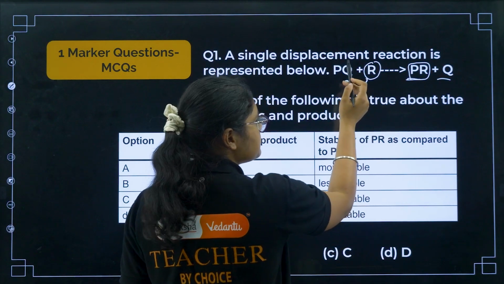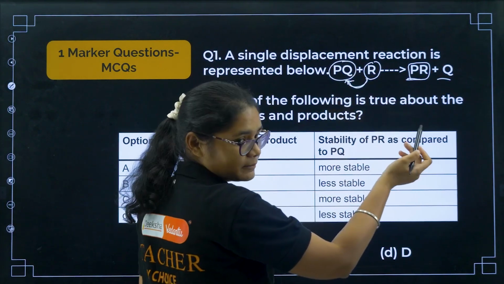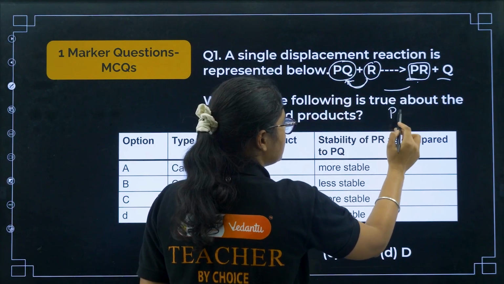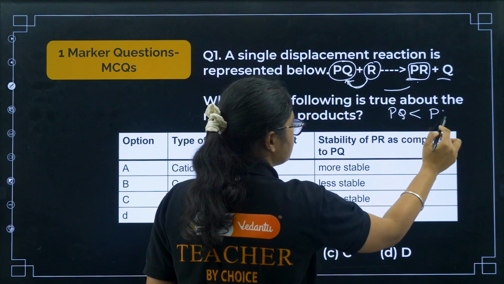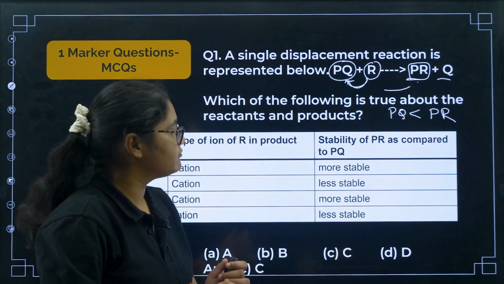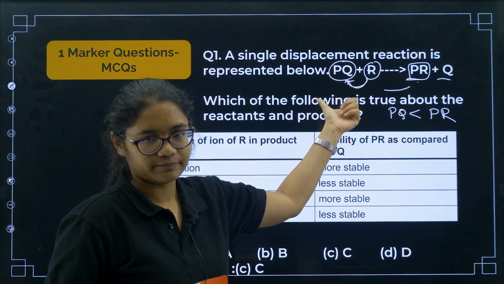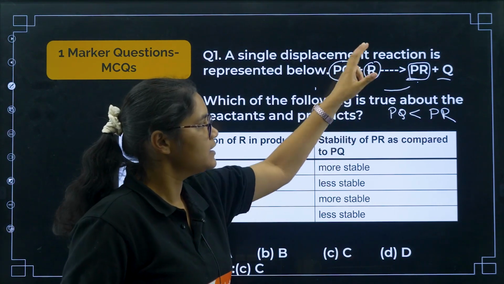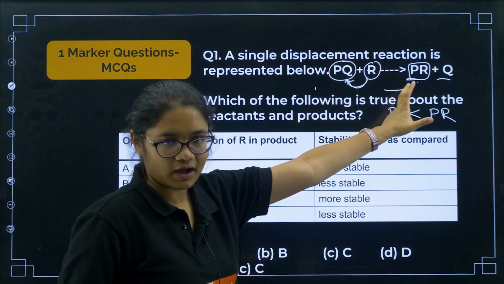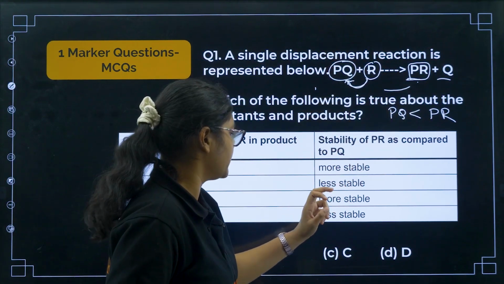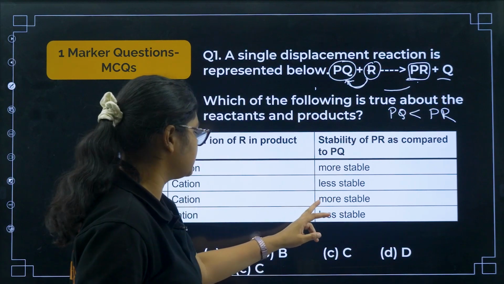Because PQ is not stable, it changed to PR. So PQ is less stable than PR. If PQ had been very stable, then R wouldn't be able to displace it. Because it is not stable, this reaction happened and we got PR. So the stability of PR is more.